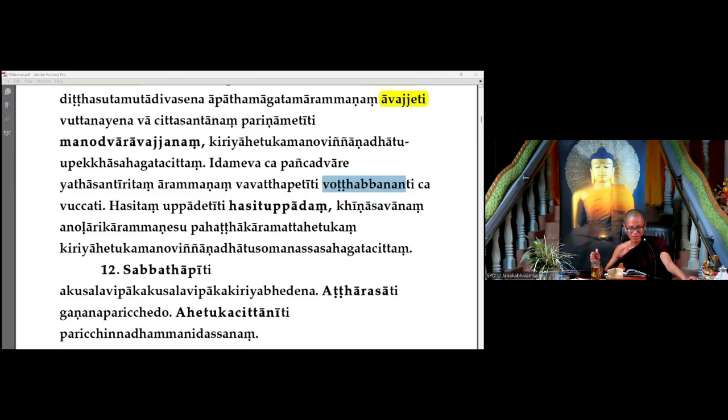In the mind process it does the Avajjana function. Because of different function it gains a different name, but it is the same mind with the same associated chetasika. Like a meditator and a learner, the same person changes name because of place and function. Idameva cha, only this mind is also called votthabbana.